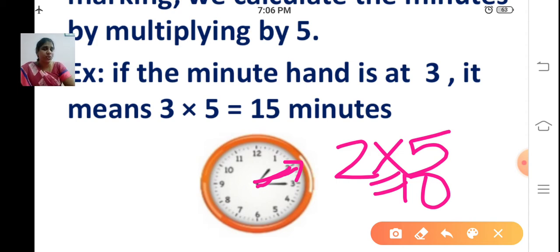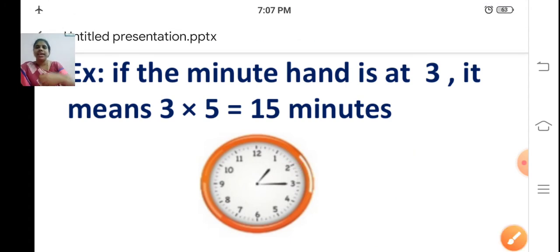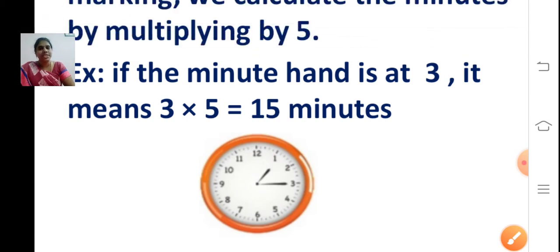If it is at 3, 3 into 5, 15 minutes. If it is at number 4, 4 into 5, 20 minutes. So for the minute hand, just see where it is, and multiply by 5 so that you will get the exact minutes.